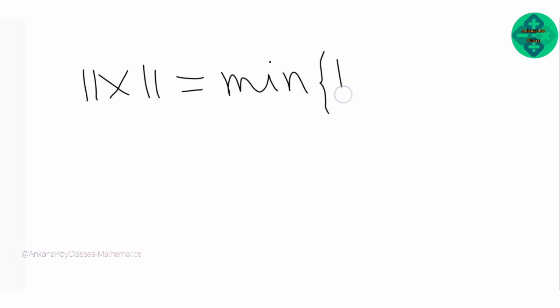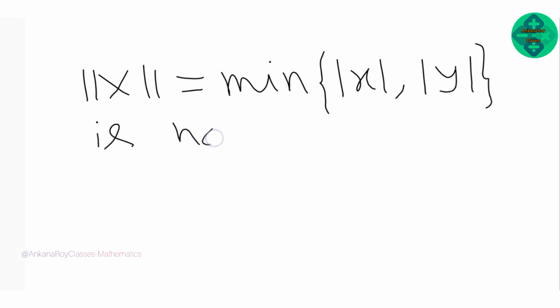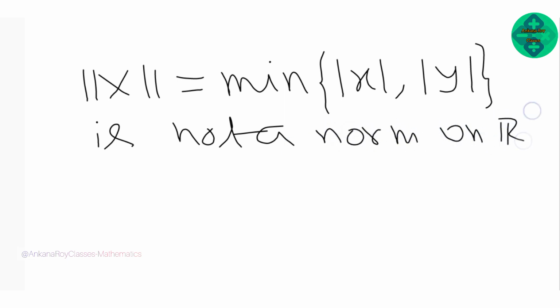But this norm x is equal to minimum of mod small x, mod small y is not a norm on R2. Why?